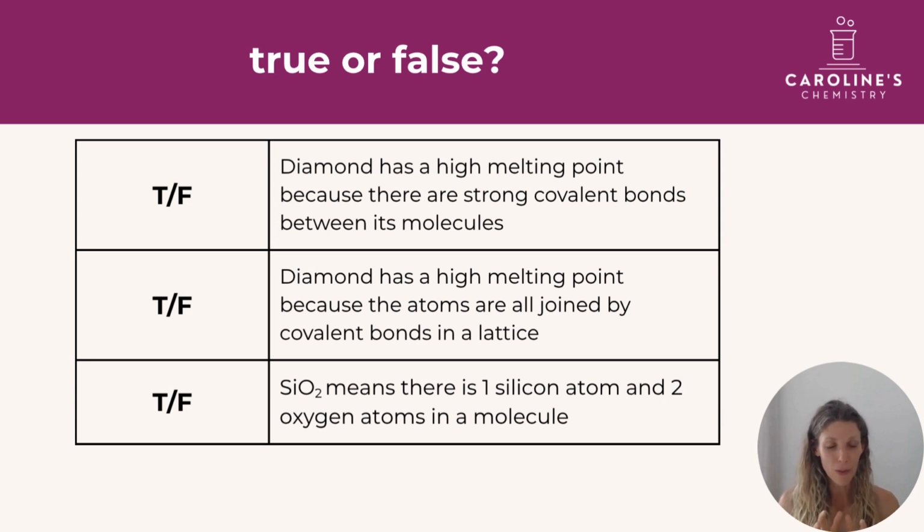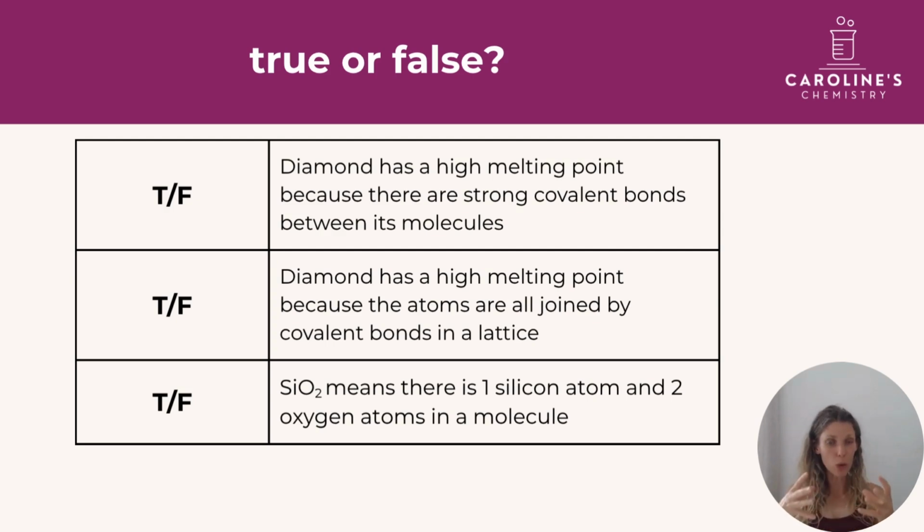So what we're saying here for silicon dioxide is, yes, we have a giant network of atoms. Those atoms are silicon atoms and oxygen atoms. The SiO2 is referring to the ratio of atoms inside the lattice.